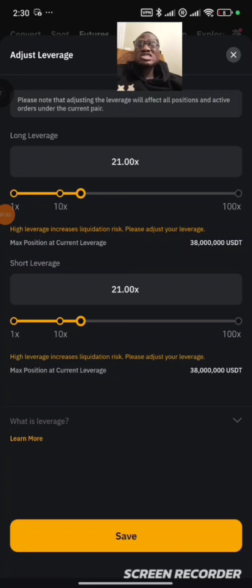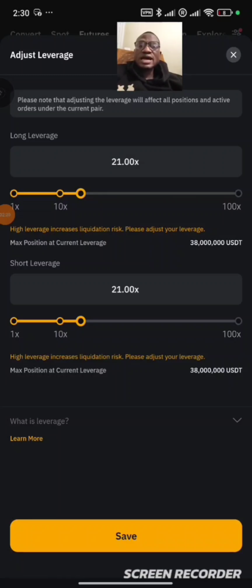But when the price starts going against you, you will lose your capital easily. But if you use less leverage, the same thing applies in reverse. You have less money, so if price goes against you, you lose less easily. And if price goes your way, you also make money less easily compared to using higher leverage.